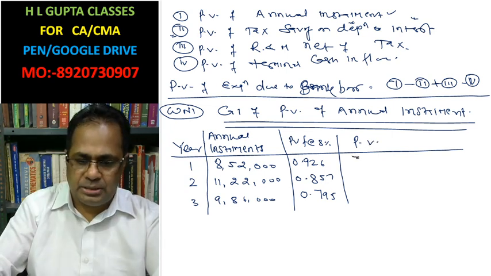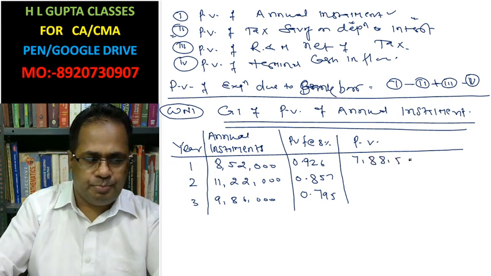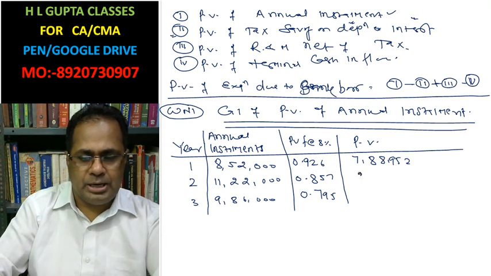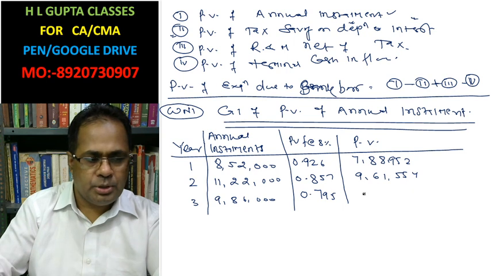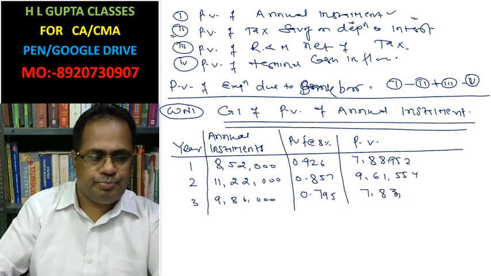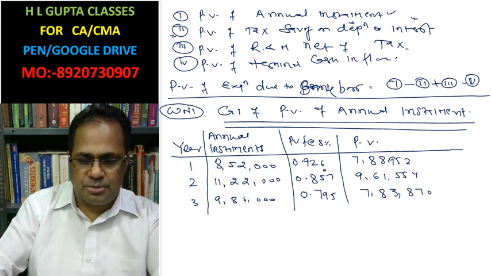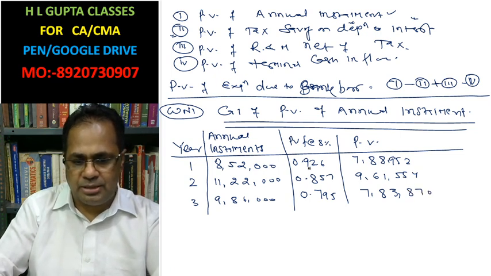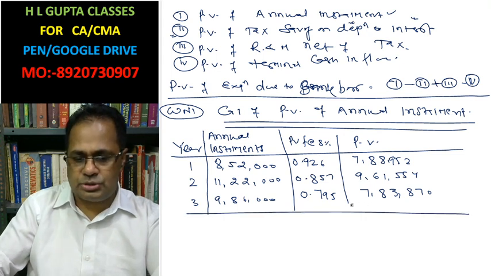Now multiply it. 7,88,952, 9,86,000, 61,554, 7,83,870. This is the present value. 8,52,000 multiplied by 0.926 is the present value of annual installment.